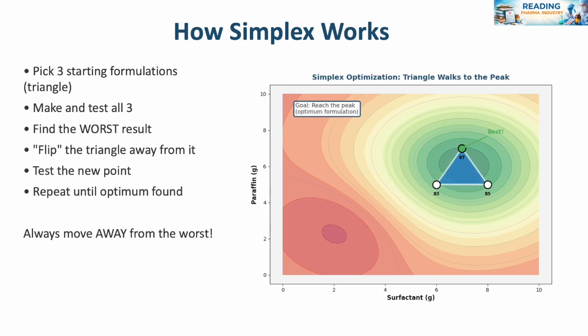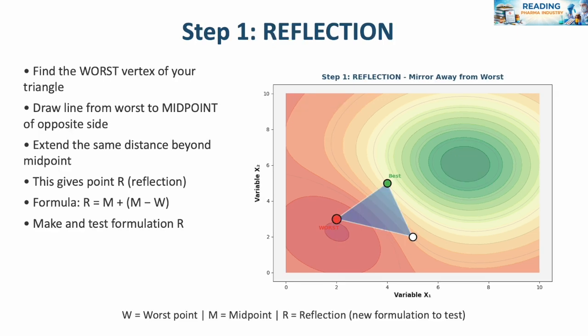Then you test a new point, because you have two relatively good points and a new one which is getting away from the worst. You do the same process again, and you measure the new point and so on until you end up with the best. So the bottom line: you always move from the worst point.